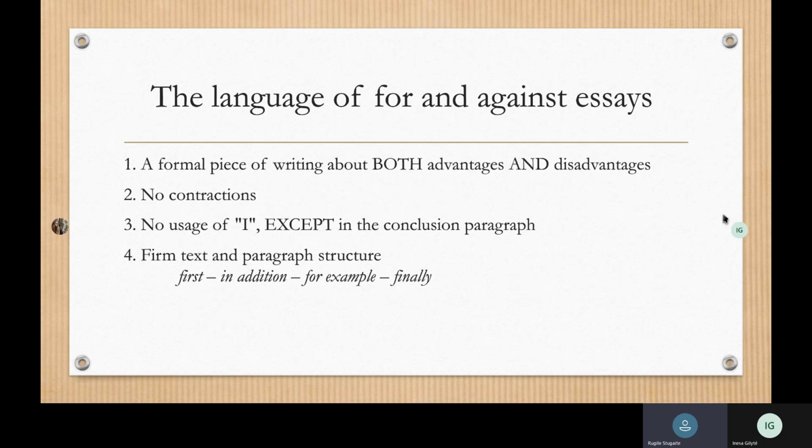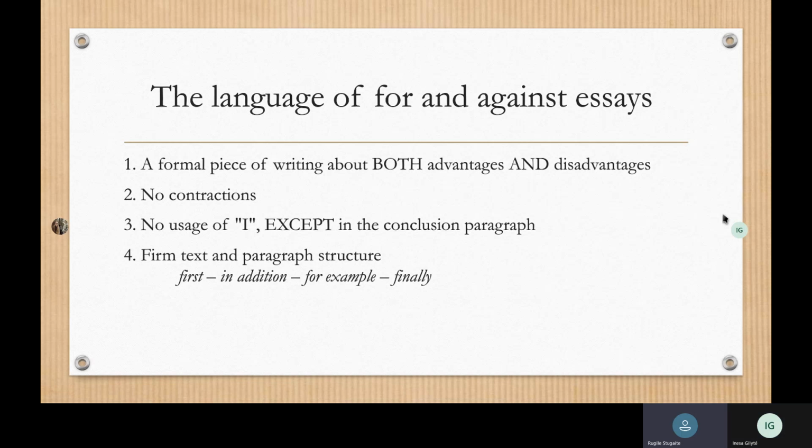So the language of a for and against essay is formal, and in this essay you have to discuss both advantages and disadvantages. As this is a formal essay, you are not allowed to use any contractions, and preferably you shouldn't use any pronouns except in the conclusion paragraph where you state your opinion, but it's not necessary.